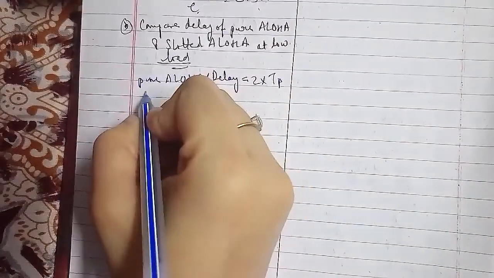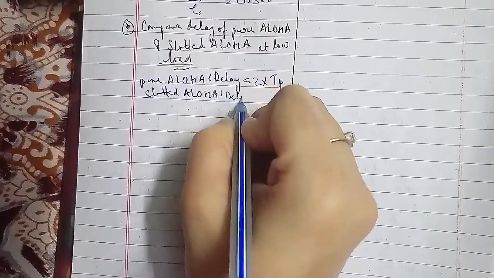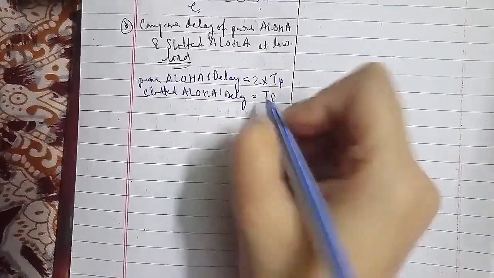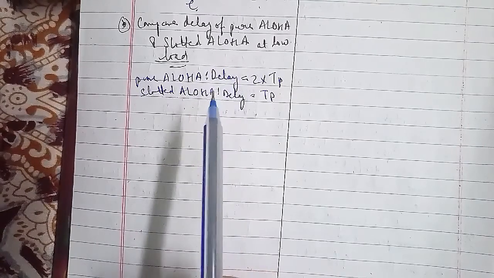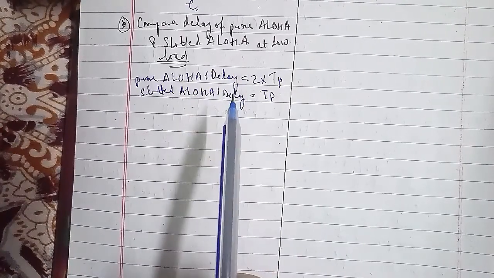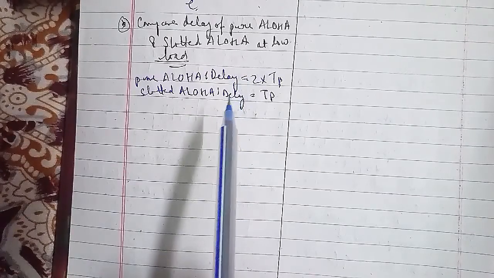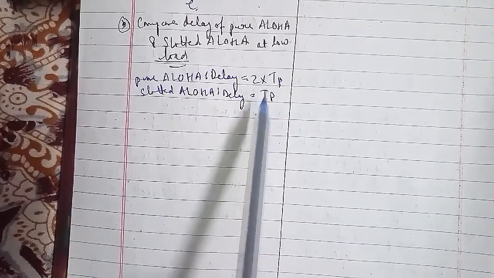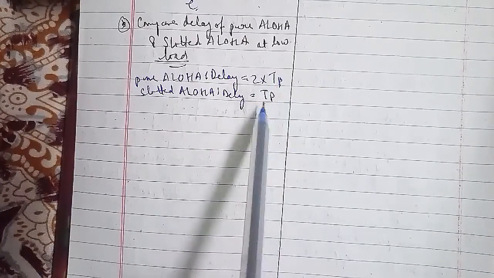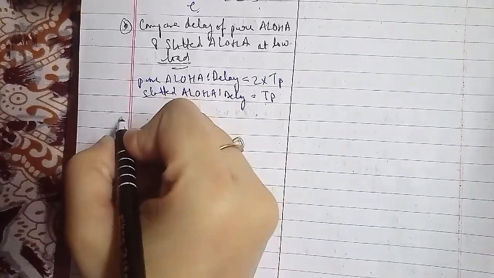The question is: an Aloha network uses a 19.2 kbps channel for sending message packets of 100 bits long.